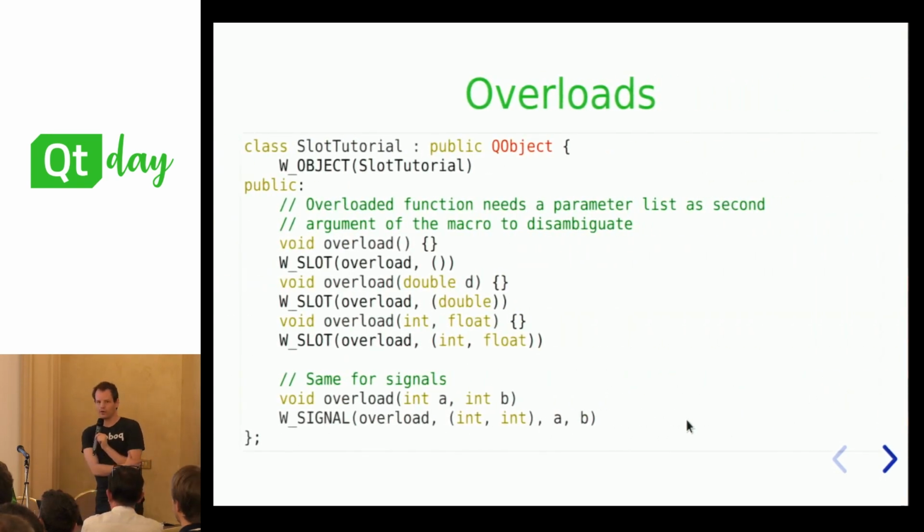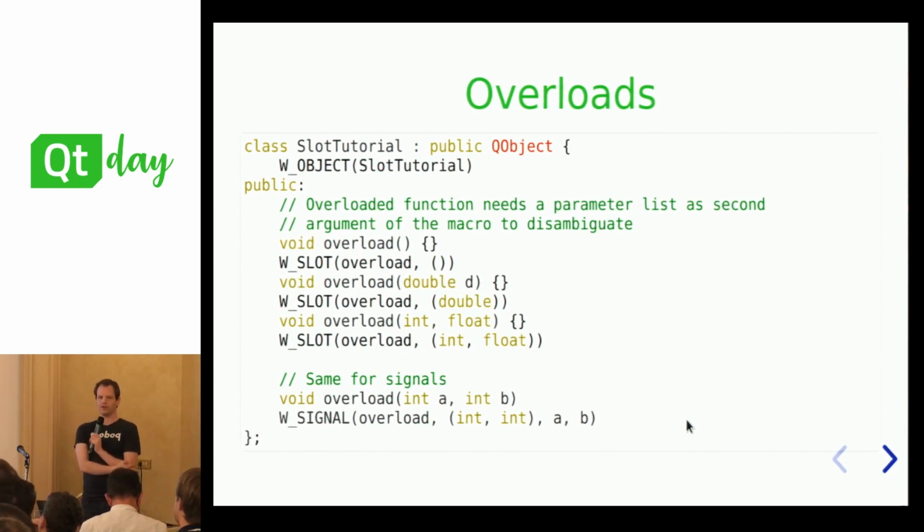When you have overloads, this is a bit more complicated. So overloads in C++, but when you have signals and slots that are overloaded, maybe you've noticed that this makes it a bit more complicated to call signals and slots, because you also always have to cast to the right type. And those macros, they would have to do the same.